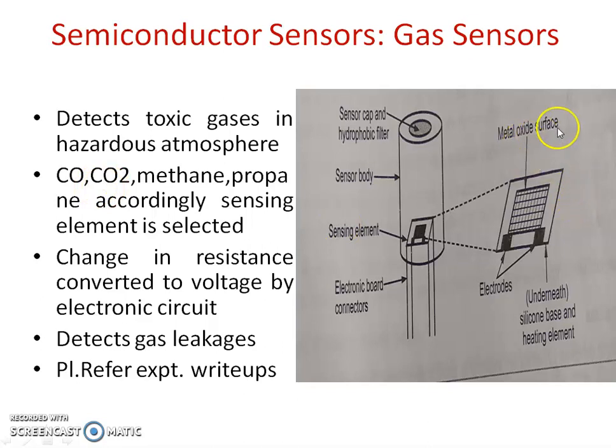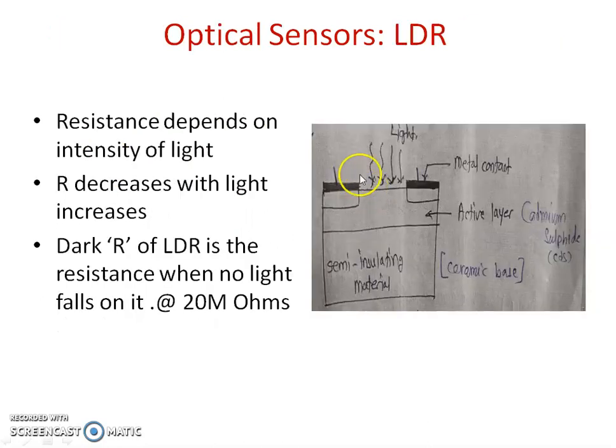That is nothing but a metal oxide surface to detect. So it detects toxic gases in hazardous atmosphere: carbon monoxide, carbon dioxide, methane, propane. Accordingly, the sensing element is selected. Change in resistance is converted to voltage by the electronic circuit, and it detects gas leakages. So I request you to go through the write-up of sensors and learn in detail every data sheet of these sensors.